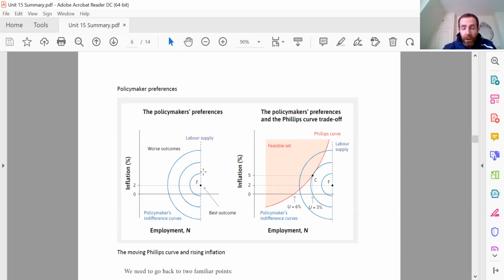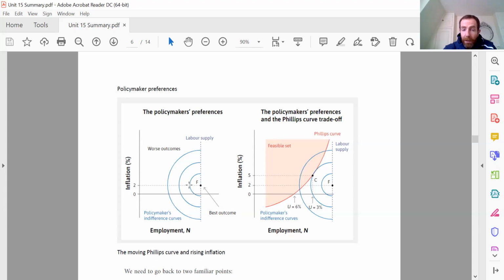And then what do the indifference curves here show us? Well, what indifference curves always show us, which is constant levels of utility. So let's take this indifference curve as an example. So if we're here, where we're at the target inflation rate, right? Well, what do we see if we move along up this way?